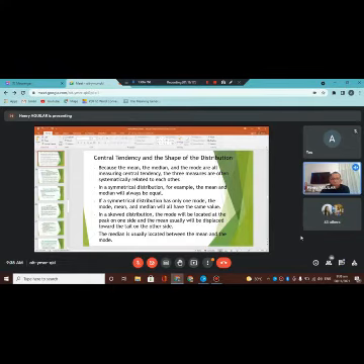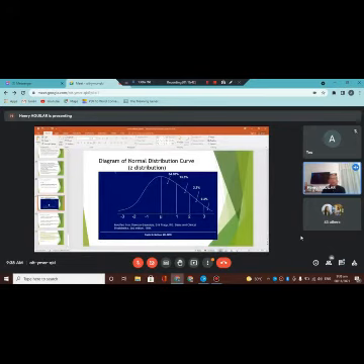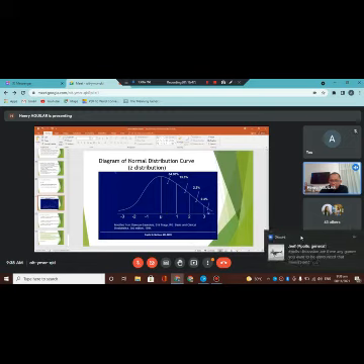Okay, in a skew distribution, the mode will be located at the peak of one side of the mean. Usually it will be displaced towards the tail of the other side. So kung asa pa ang tail, didto na makita ang mode. Although in this category, dapat normal distribution na ni, dapat perfect bell siya, karon dili man siya perfect.